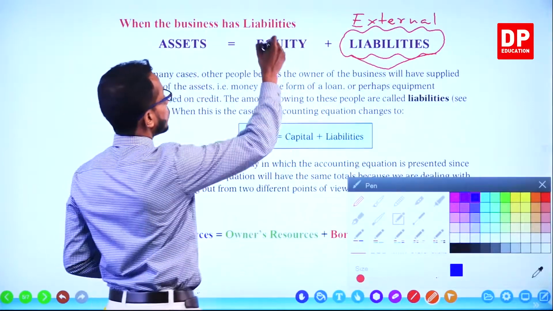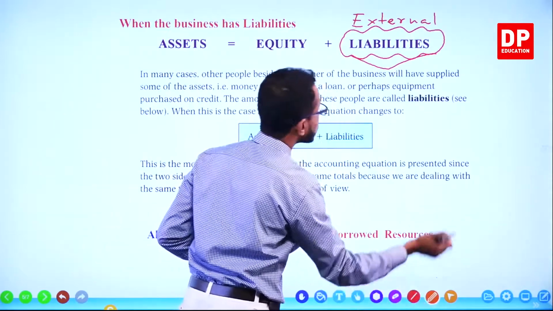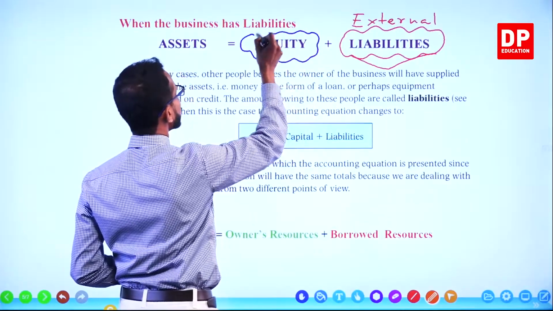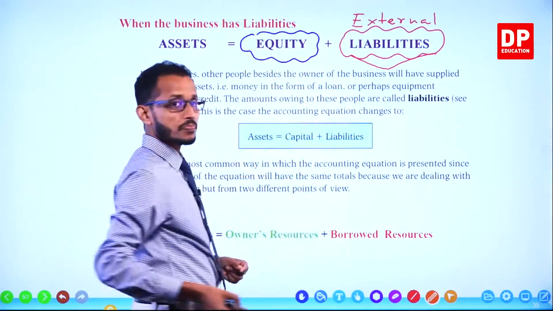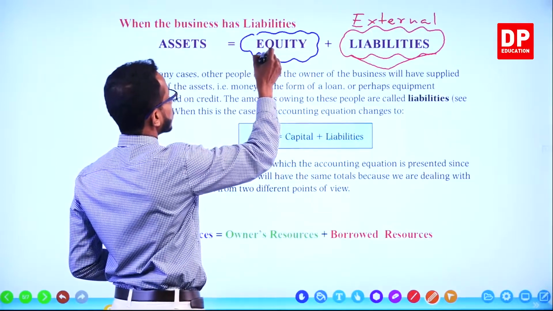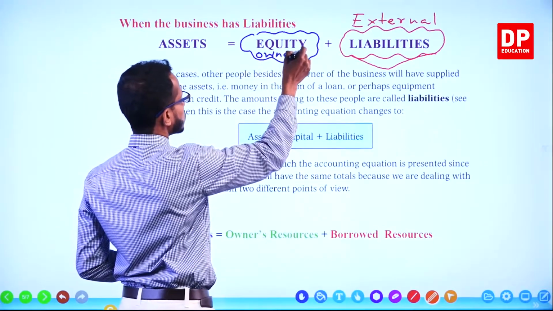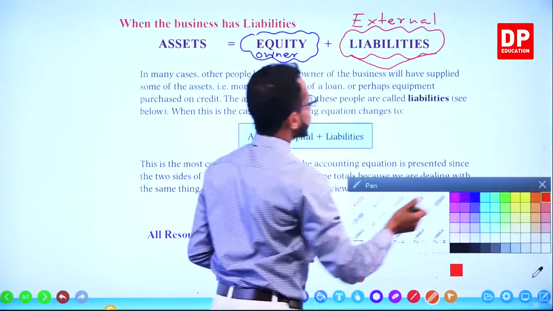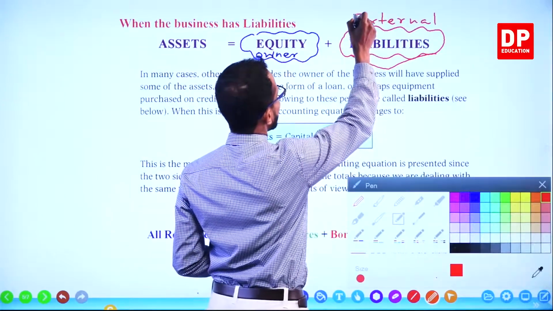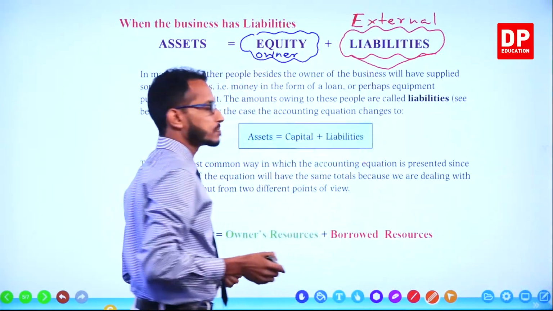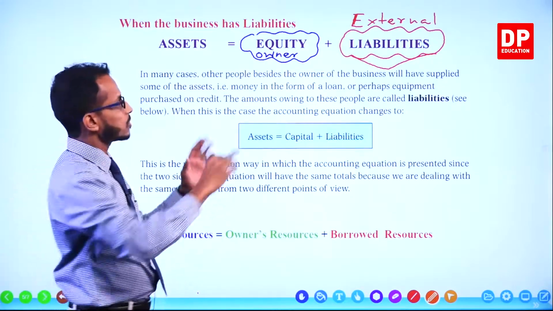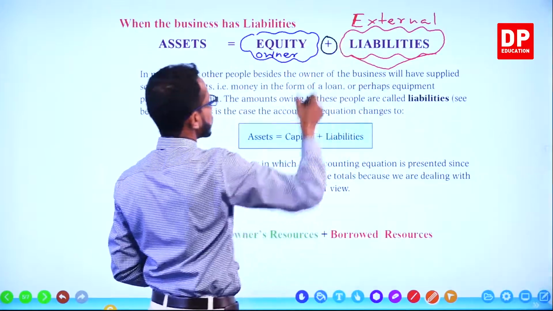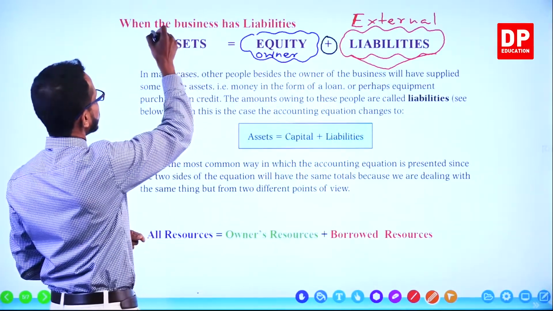In this case, children, we have equity. And we have liabilities. So, the assets or resources which belong to the owner, and the assets or resources which belong to external parties, all those get together and form the total assets of the business.